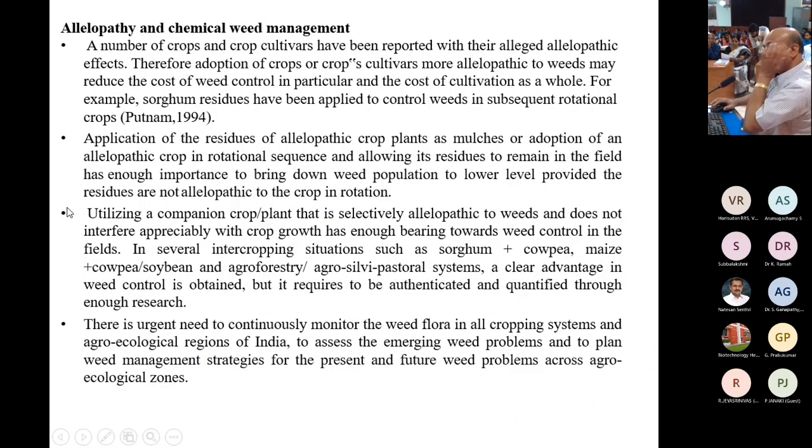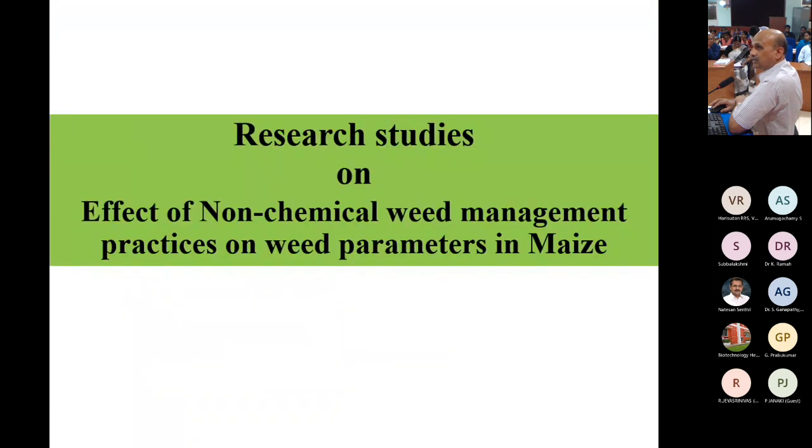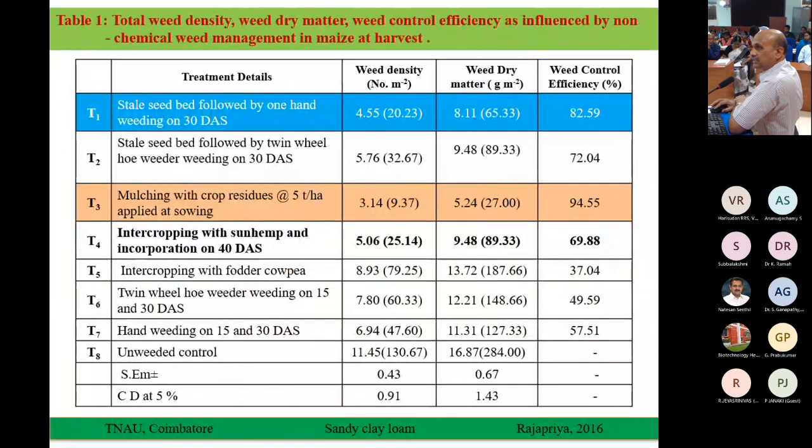And allelopathy, here utilizing the companion crop, which has the property of secreting phytochemicals. So phytochemical is most important, that reduces the germination or growth of other crops. So there are some research studies here. As I mentioned, stale seed bed and mulching, these two are found effective with respect to weed control efficiency.